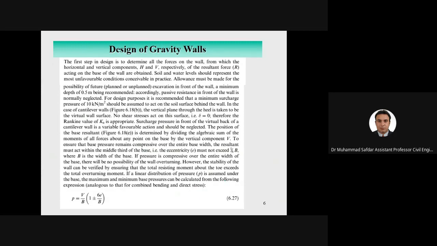Now, there are a few steps required in designing gravity retaining walls. The first step is that we need to find all the horizontal and vertical components of the forces, and also the resultant force acting on the retaining wall.